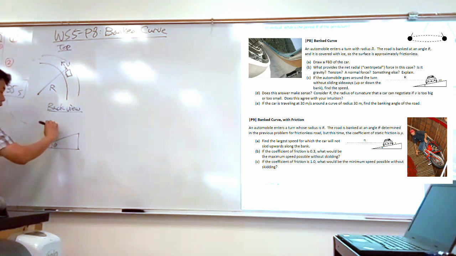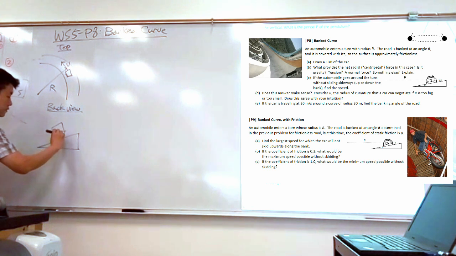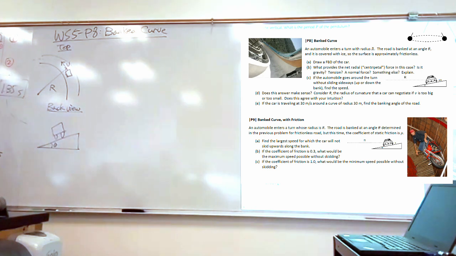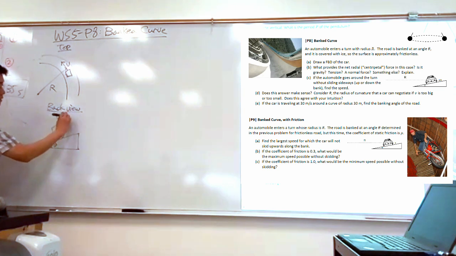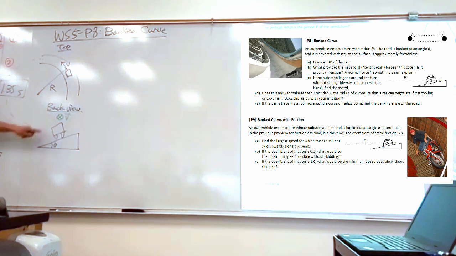And this is the view of the car from behind with the tires and whatnot. If we are describing the velocity of the car, we would describe it with this symbol here. Everyone remember this symbol? It means vector pointing into the board. So that's the velocity of the car in this back view.